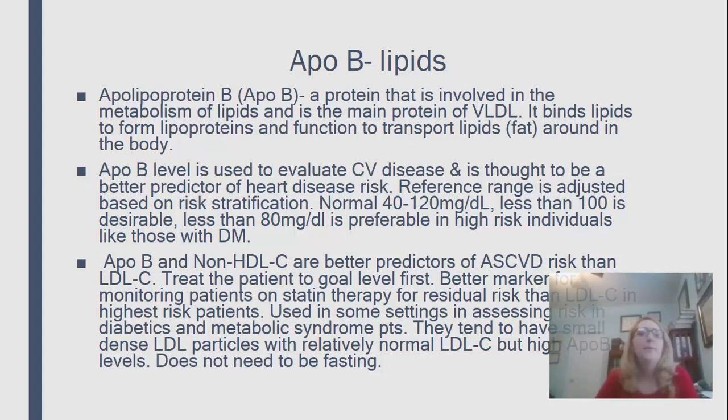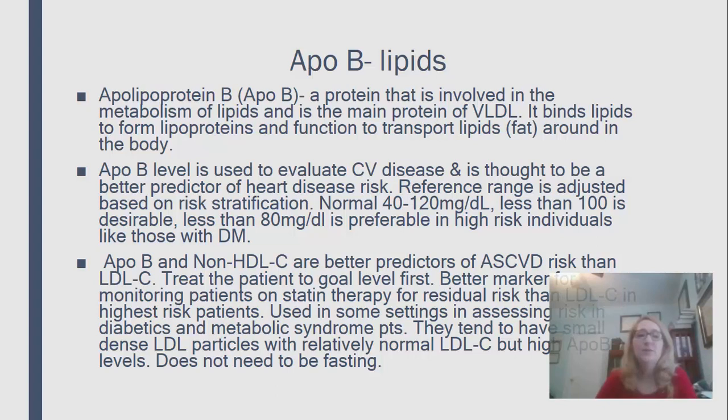Apolipoprotein B is a protein that is involved in the metabolism of lipids and is the main protein of VLDL. It binds lipids to form lipoproteins and functions to transport lipids, fat, around in the body. ApoB level is used to evaluate cardiovascular disease and is thought to be a better predictor of heart disease risk.